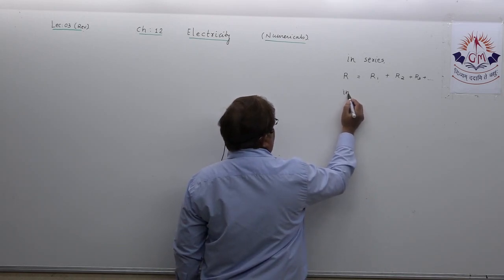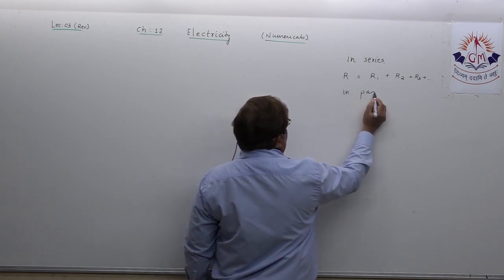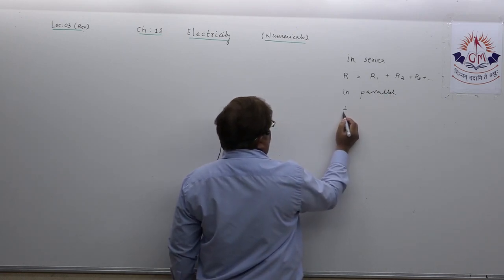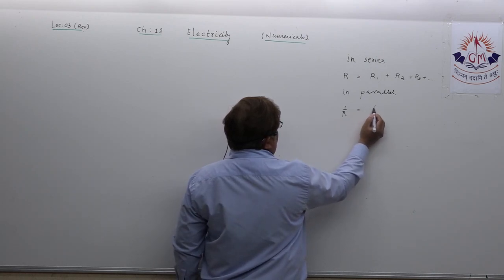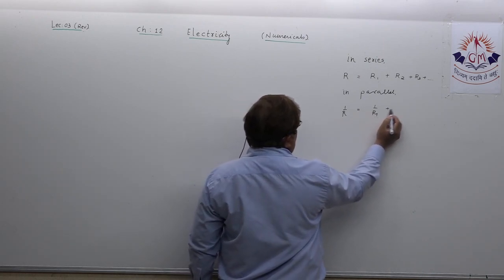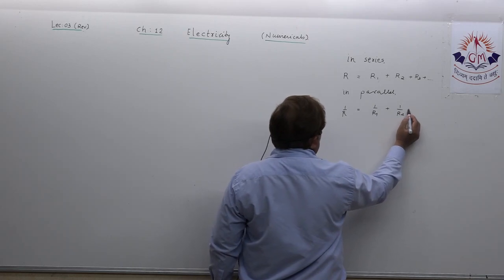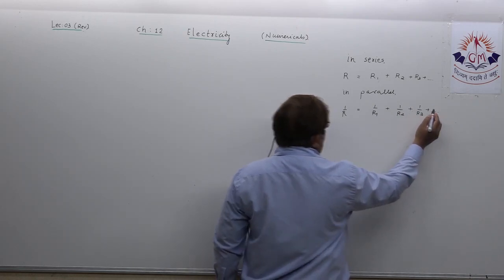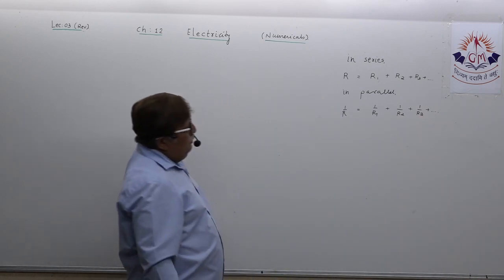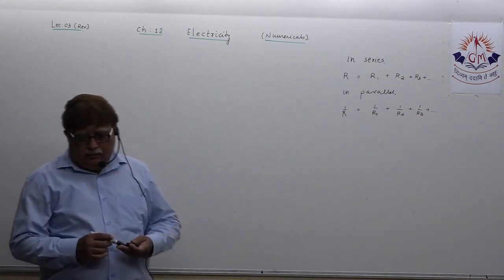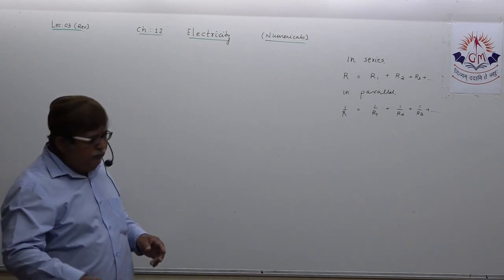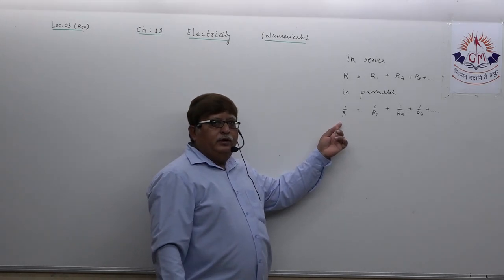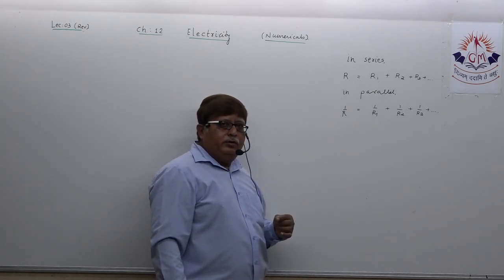In parallel connection, you all must know the formula: 1 upon R equals 1 upon R1 plus 1 upon R2 plus 1 upon R3 plus so on. Now, if you are asked in 2 marks the properties of resistors connected in parallel, do you remember?